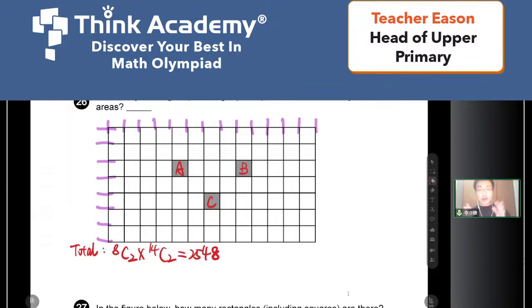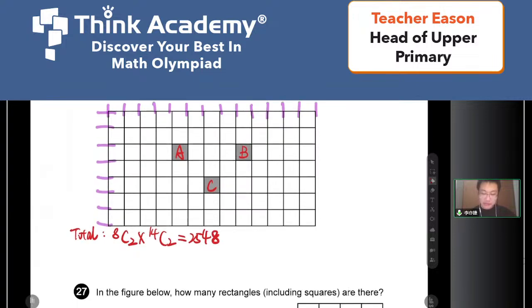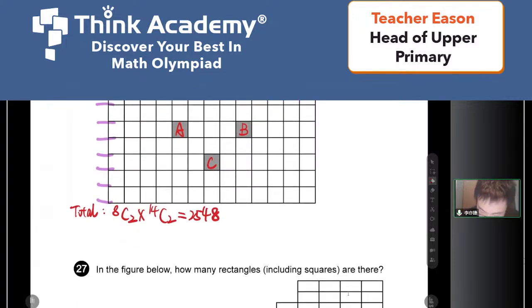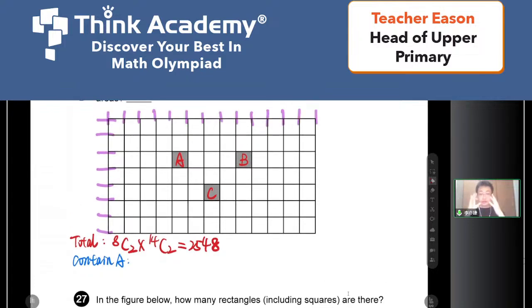So how do we calculate the rectangles that contain the A grid? It's a similar way. I use a different color. If you want a rectangle to contain A, we just want to make the 2 lengths and 2 widths at both sides of A. For example, the top length should be above this A, which means we have only 3 choices.